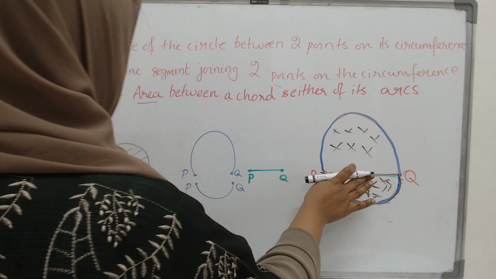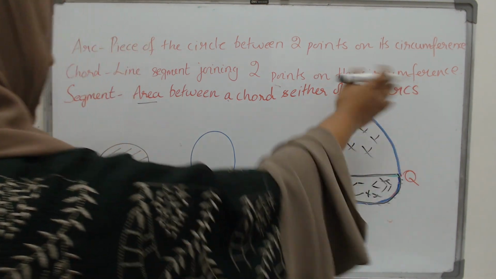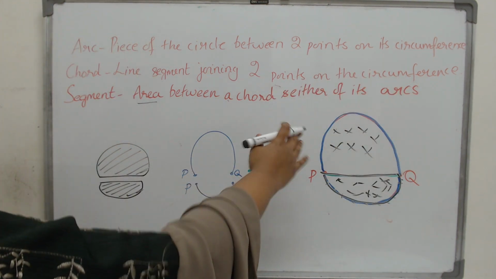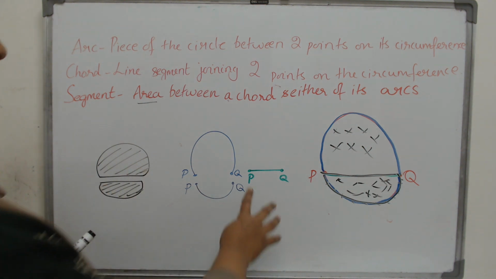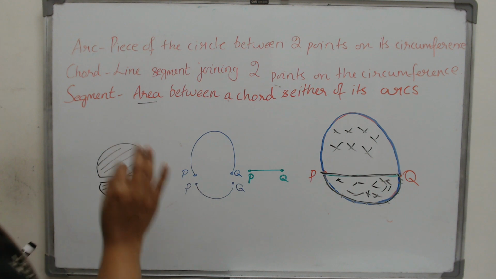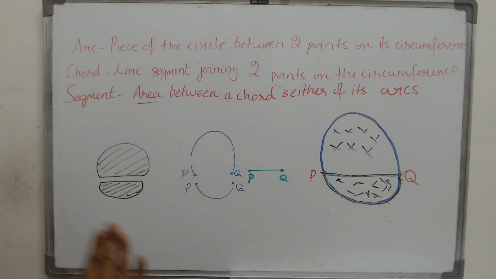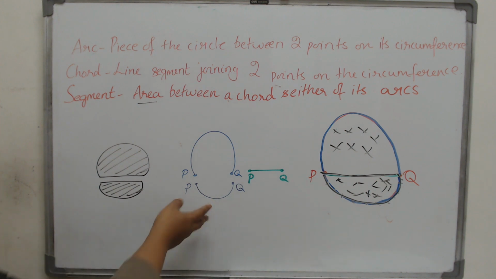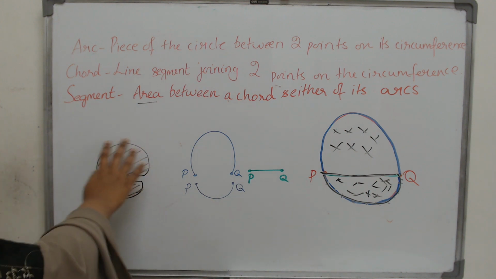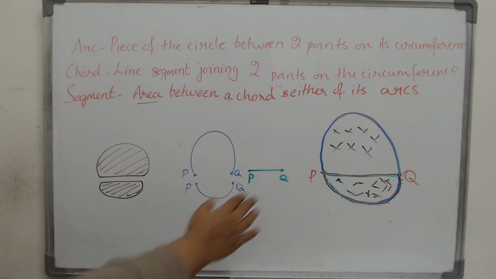The same chord, but this time the other arc, the bigger arc. So you have 3 different terms. What are they? The first one is a simple line, which is a chord. The second one is a piece of the circumference, which is the arc. And the third thing is actually an area. Can you see that?